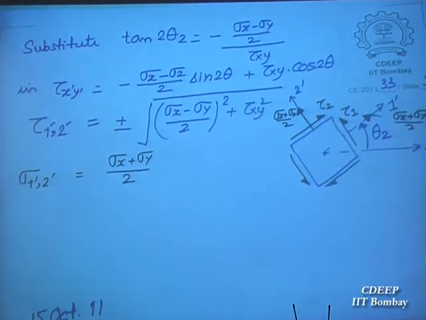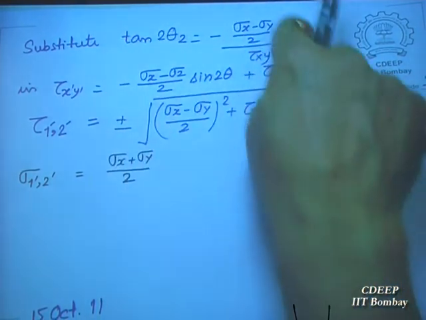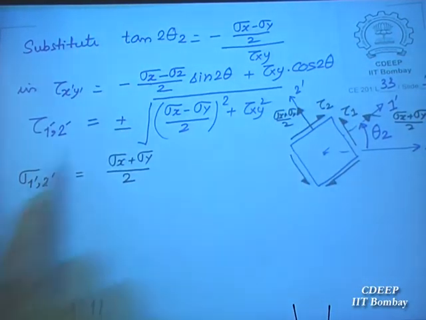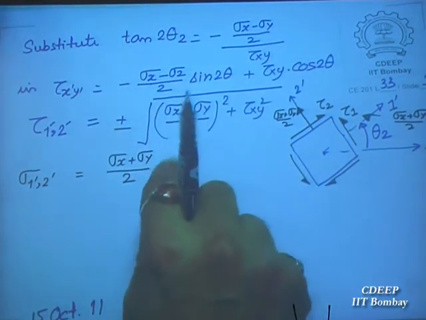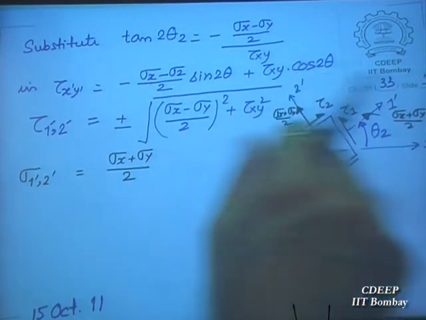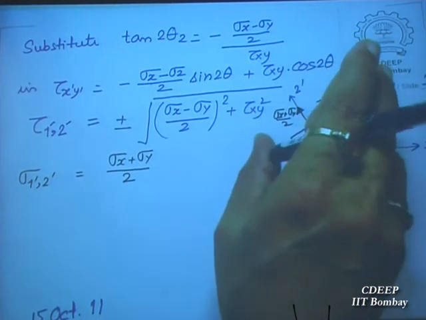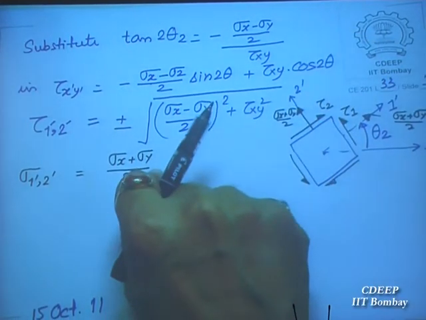You take the expression for sigma x dash and substitute there this value of theta. So only this comes. Of the other two expressions, one is cosine 2 theta and the other one is sine 2 theta, and that turns out to be 0. So you are left only with this.